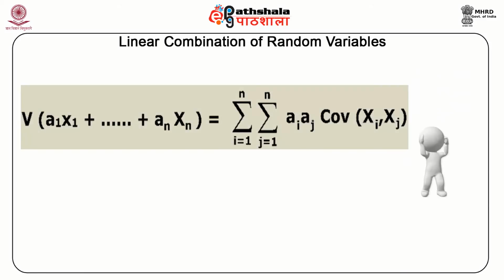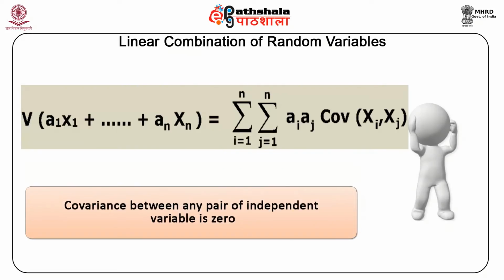Second, V of (a1 x1 continuing to an xn) is equal to the sum over i from 1 to n and the sum over j from 1 to n of ai aj covariance of xi and xj. That is, the covariance between any pair of independent variables is 0.